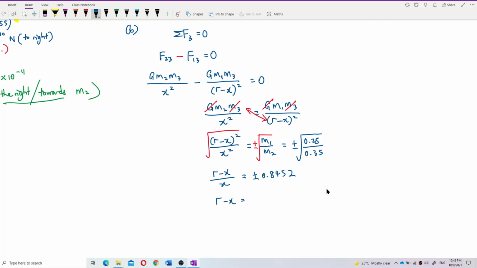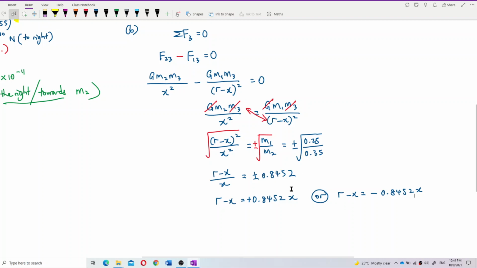Multiply to the top, so we have r minus x equal to 0.8452x, if this is a positive, or we can put r minus x becomes a negative 0.8452x.